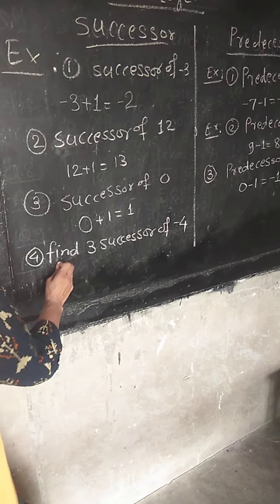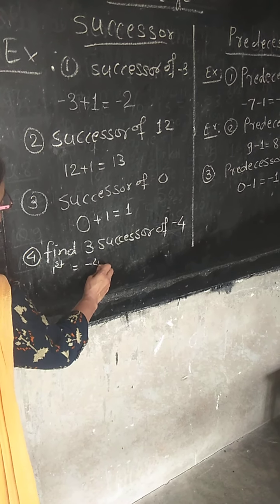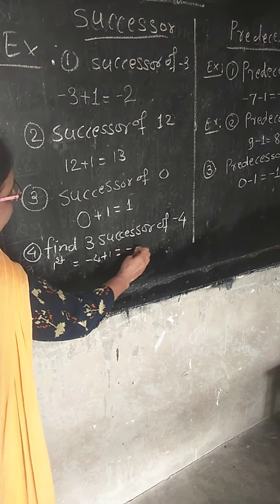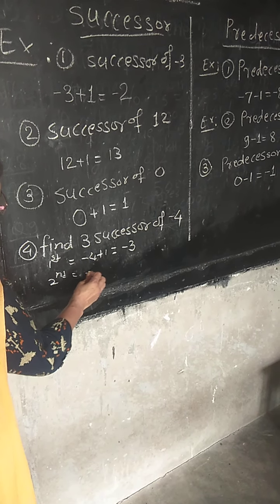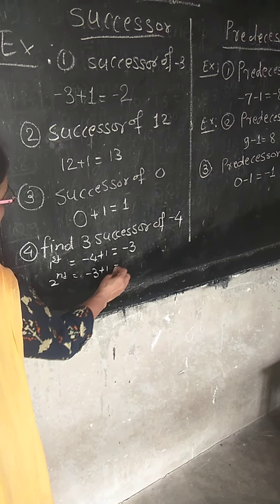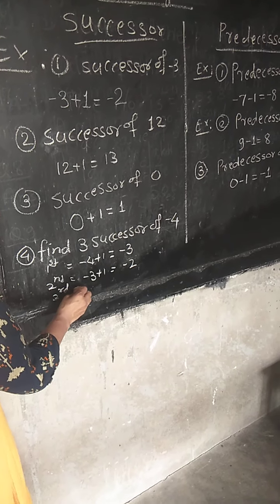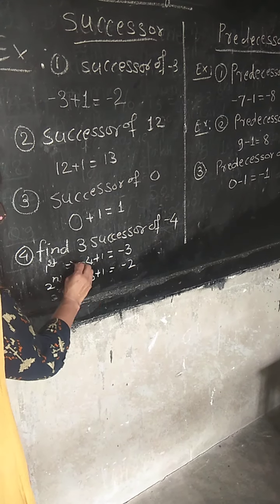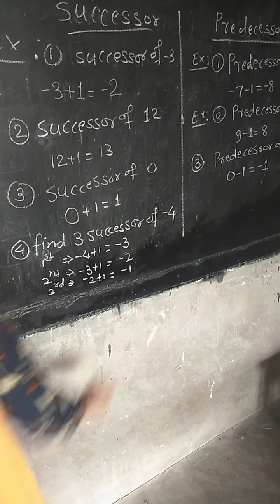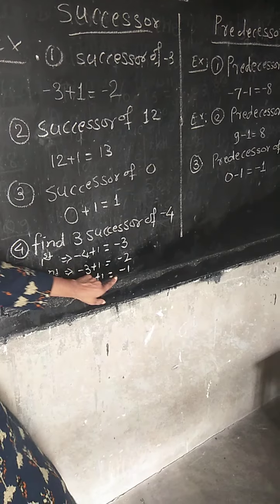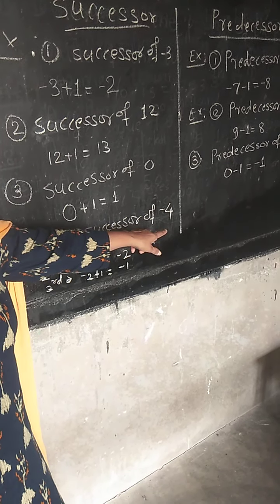First successor: -4 plus 1, that is -3. Second successor: -3 plus 1 is equal to -2. Third successor: -2 plus 1 is equal to -1. Then we say that -3, -2, -1 are the 3 successors of -4.